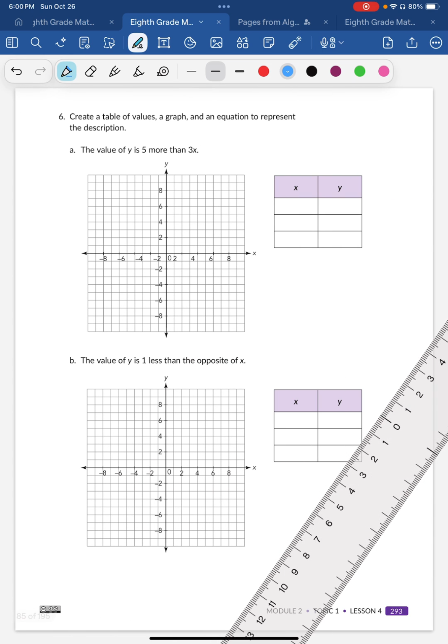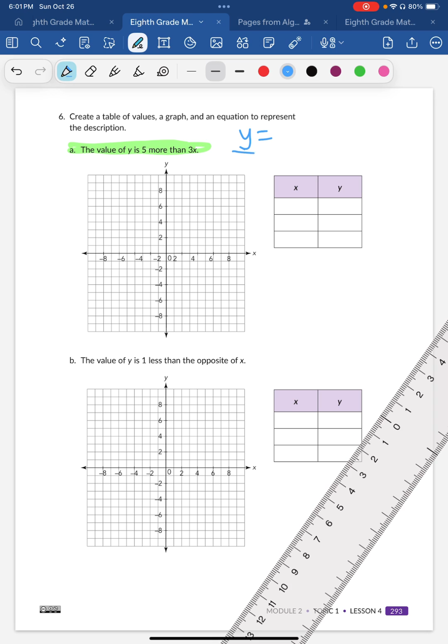Okay, let's do another one. Now we're going to create a table of values, a graph, and an equation to represent the description. The value of y is 5 more than 3x. Okay, so we're always going to have a y equals.